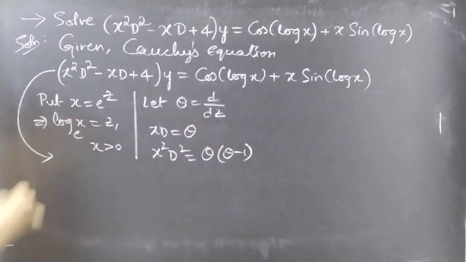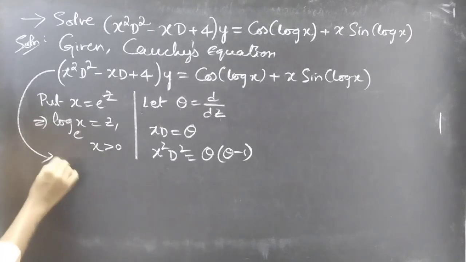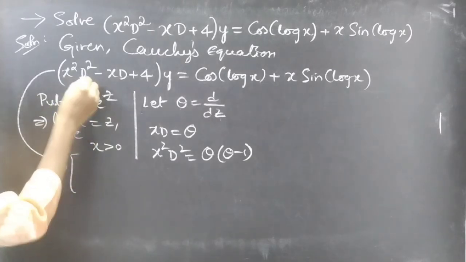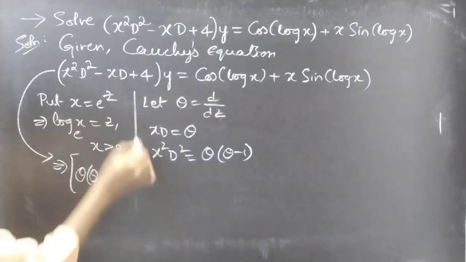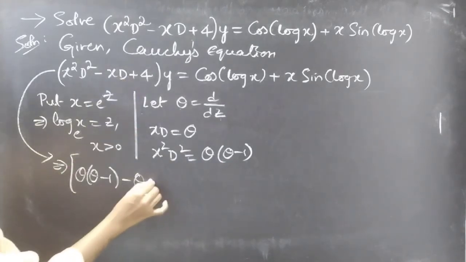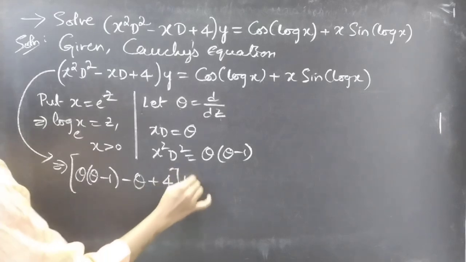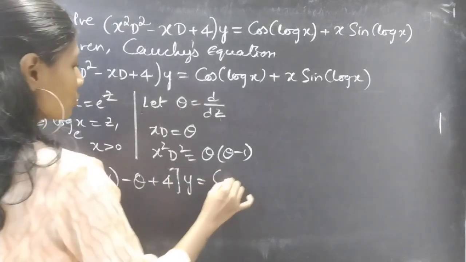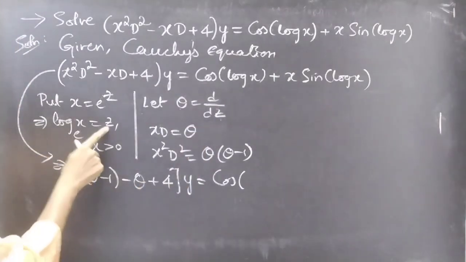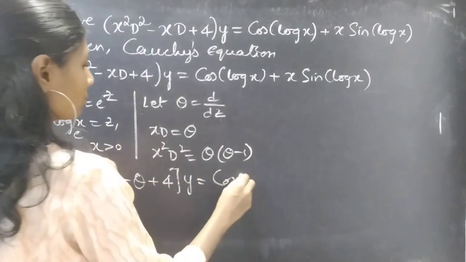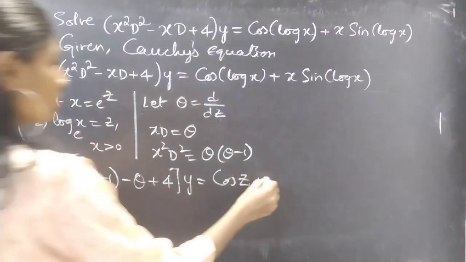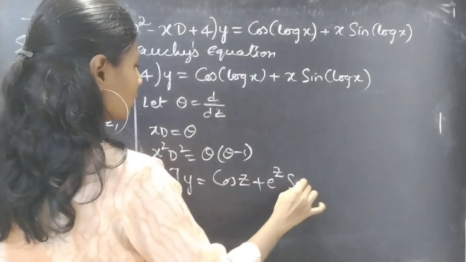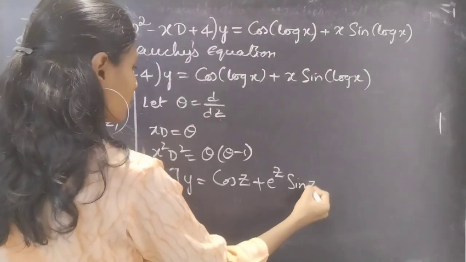Now this equation becomes: replace x²D² by θ(θ − 1), we'll get θ(θ − 1) minus, replacing xD by θ, plus 4, into y equal to cos of, replacing log x by z, we get cos z, plus x, replacing x by e^z, into sin of, replacing log x by z.